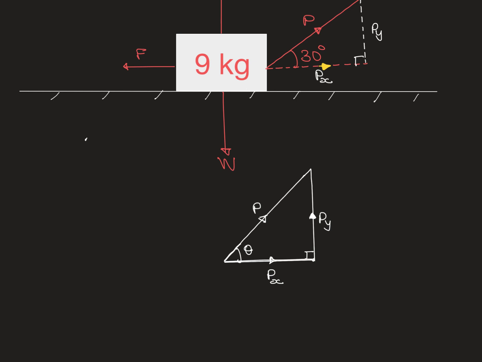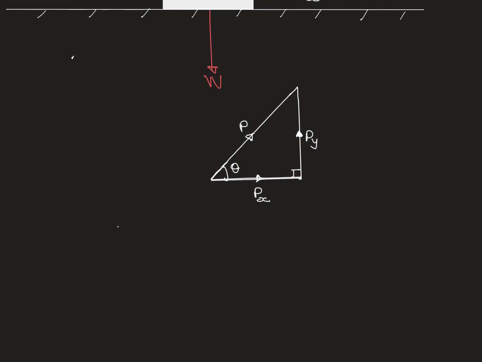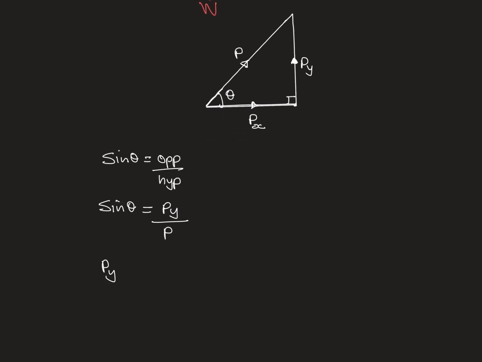Using our trigonometric ratios, sine theta is equal to opposite over hypotenuse. So sine theta is equal to Py over P, which gives Py equal to P sine theta.